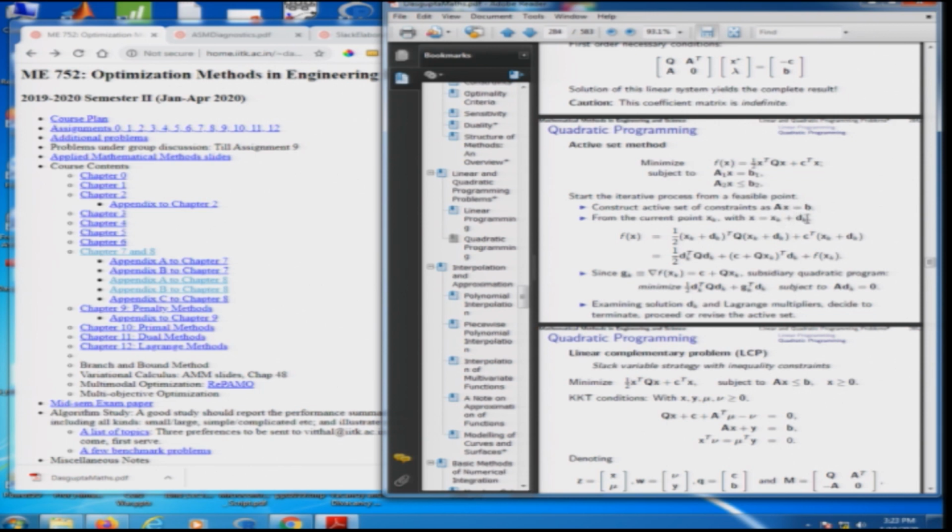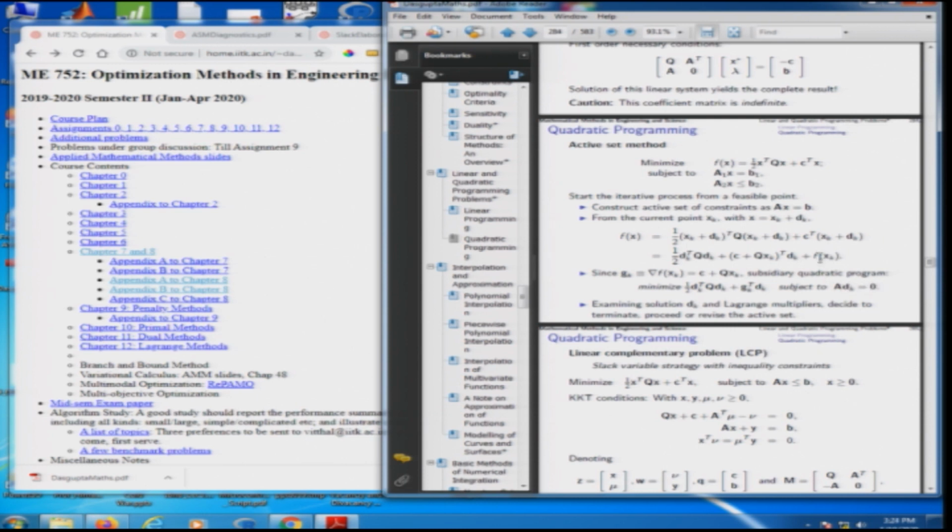That means A times dk is 0. That means the condition on the quadratic problem now is this. This is the constraint, and you try to minimize this function subject to this constraint. These are all equality constraints, fine.